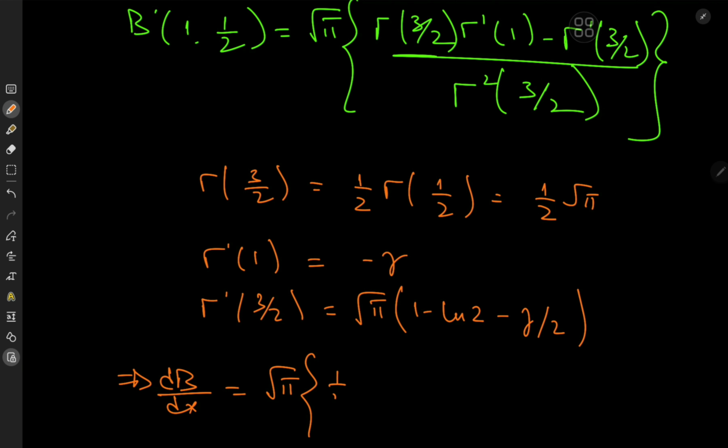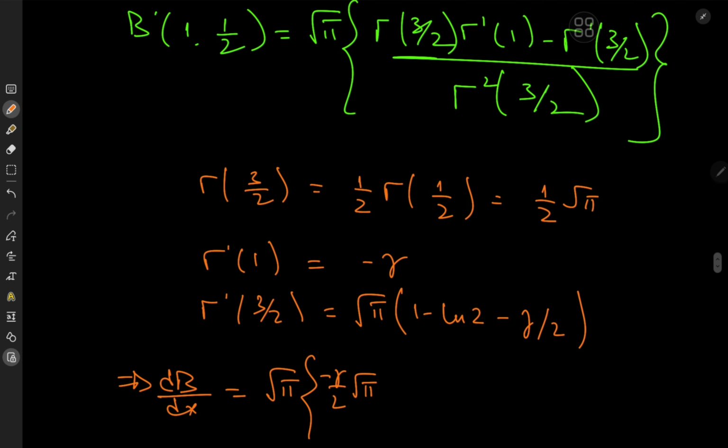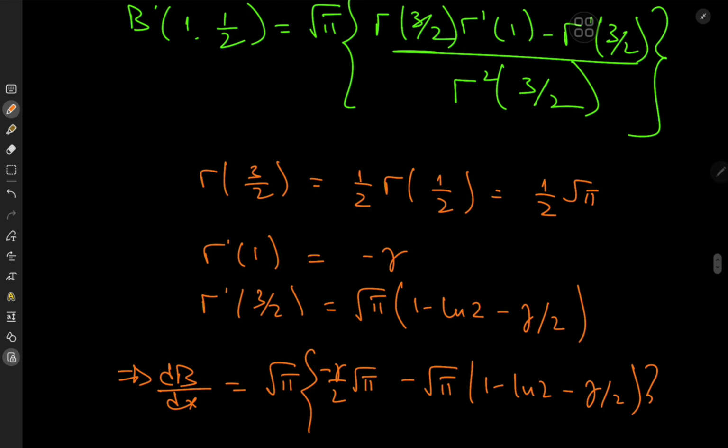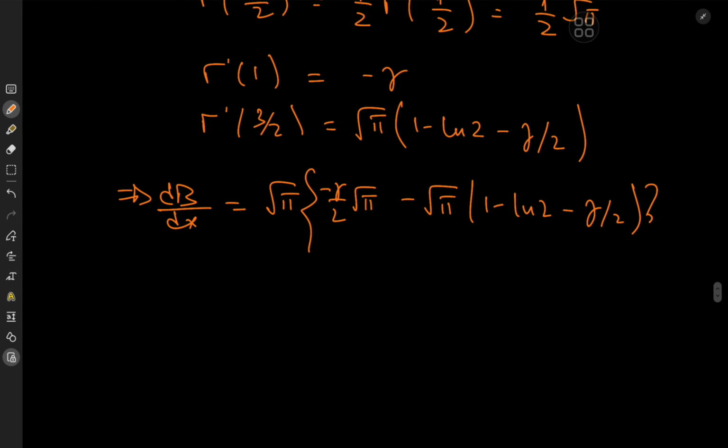So 1/2 of root pi indeed, times the Euler-Mascheroni constant, negative of that, so we have a negative sign over here, minus root pi again, 1 minus log 2 minus Euler-Mascheroni over 2. And this whole thing is divided by the square of the gamma function at 3/2, meaning that we have, well, pi over 4 down here.